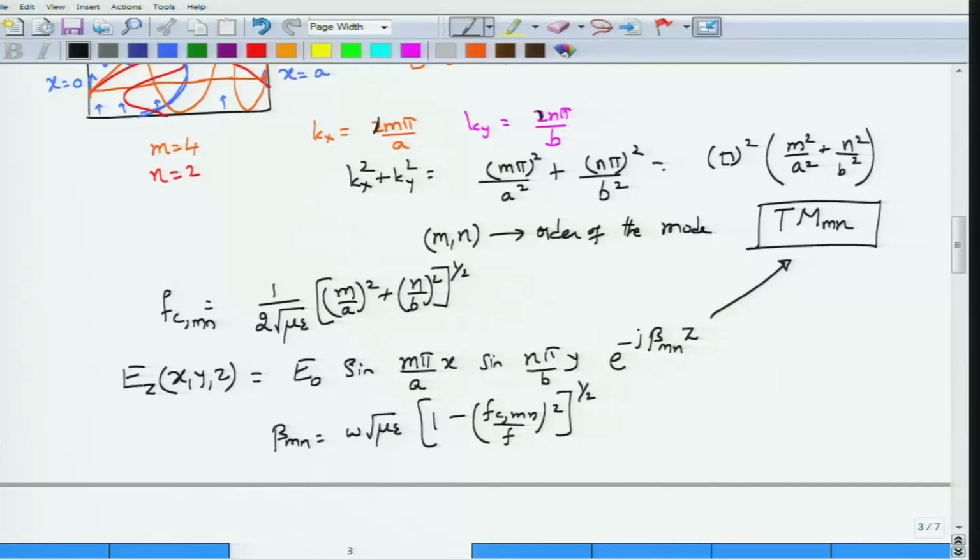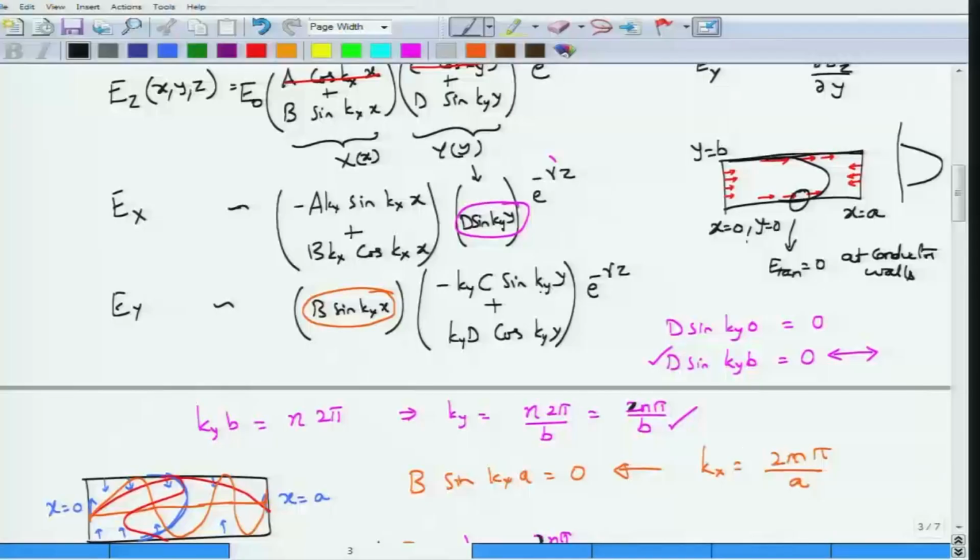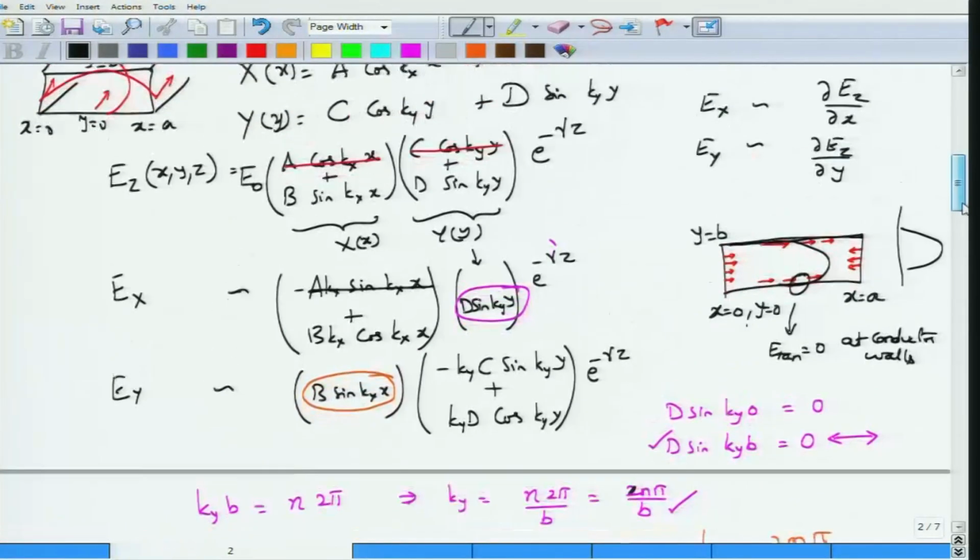I will leave this part here and leave finding out Ex and Ey as an exercise for you. We have already done most of the work. You just have to find out, amongst these two, which one would leave. Because a cos kx x has gone, in this case a sin will go away. You will have b kx cos kx and sin ky y. So for Ex this would go away, and for this one this would also go away, right?